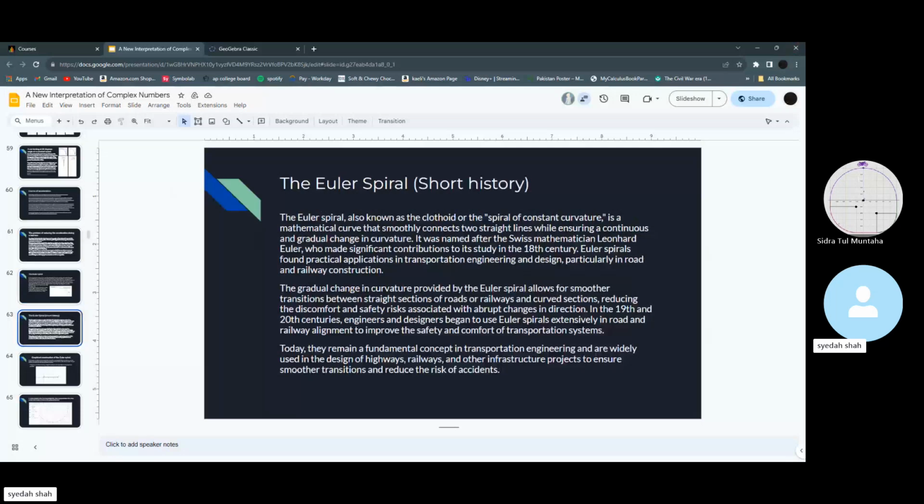So it will also be safer to use, and it'll feel smoother and nicer to use than a quarter circle. And the person who made it was Leonhard Euler.